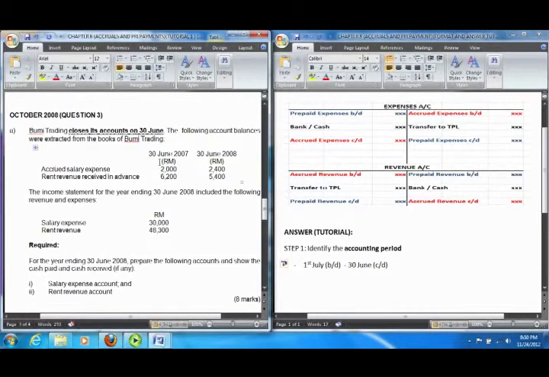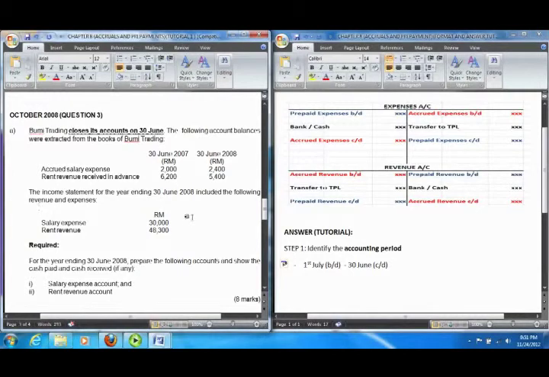Accrued salary expenses at the end of the accounting period 30 June 2007 is 2,000. Rent revenue received in advance is 6,200. However, at the end of the accounting period 30th June 2008, accrued salary expenses is 2,400. Rent revenue received in advance is 5,400.